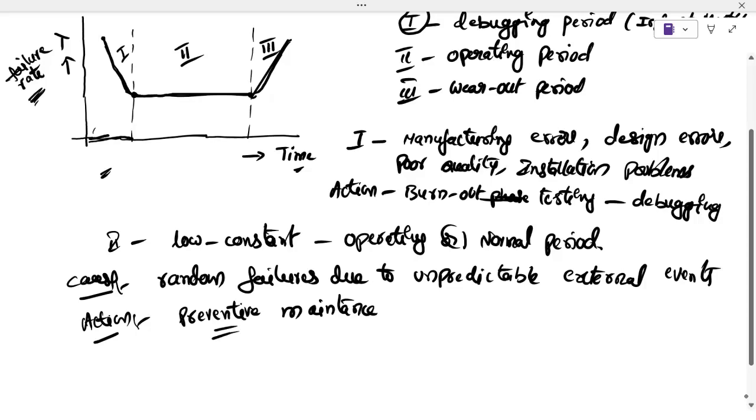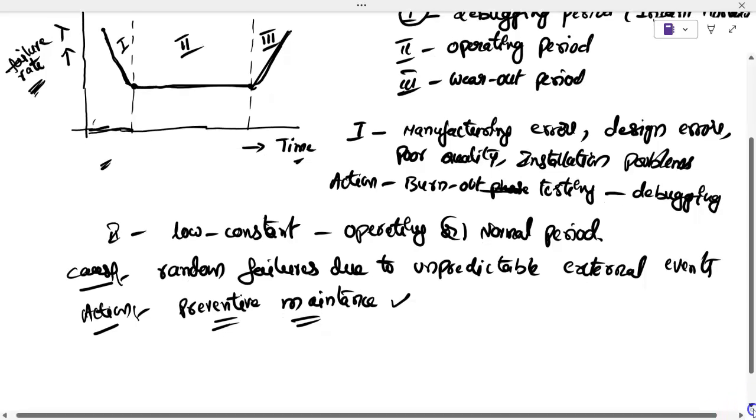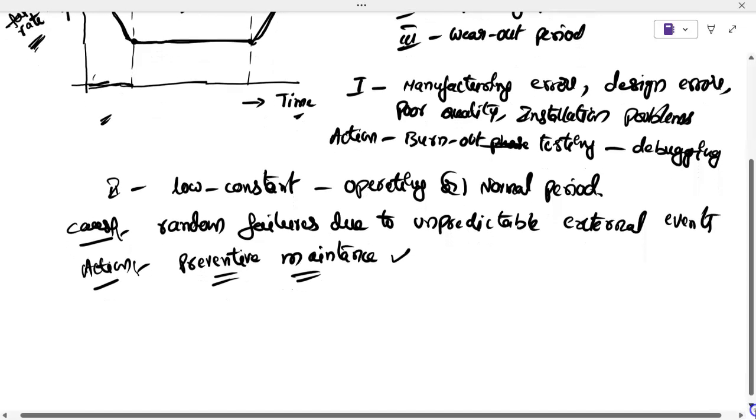Before any failures occur, if you perform preventive maintenance, like cleaning, and avoid any mismatches or operating errors, then you can extend this normal operating period. This is about the first and second phase.